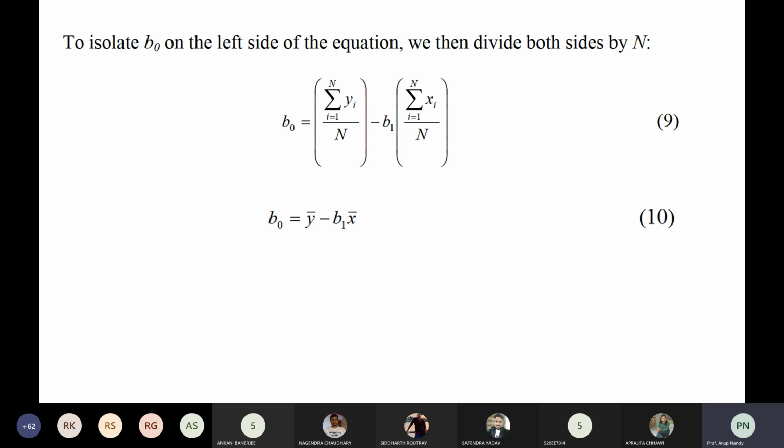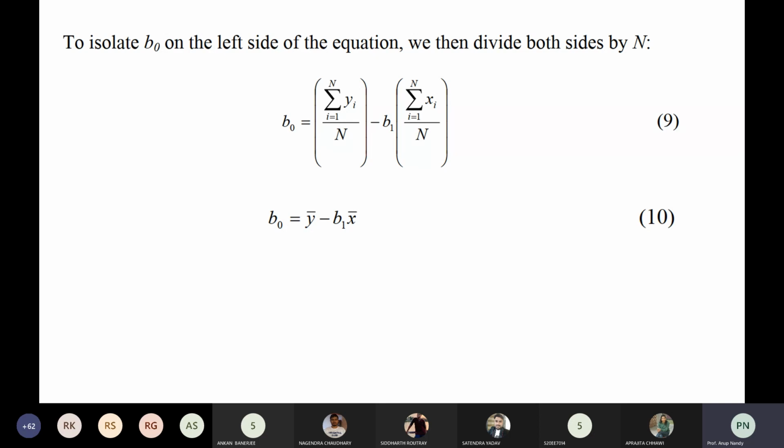So this is the expression for b naught, and this b naught can only be found when you know the value of b1. You know the value of x and y, you can easily get it, but the value of b naught is only possible when you know the value of b1.